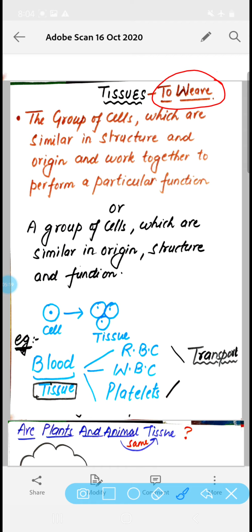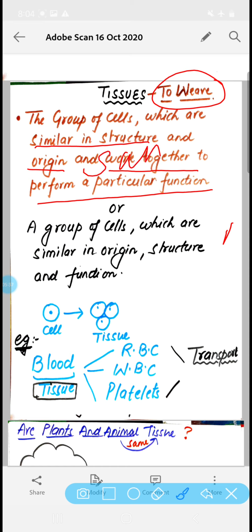Tissue means a group of cells which are either similar in structure or origin, or a group of cells which work together to perform a particular function, or here we can say the same kind of function.